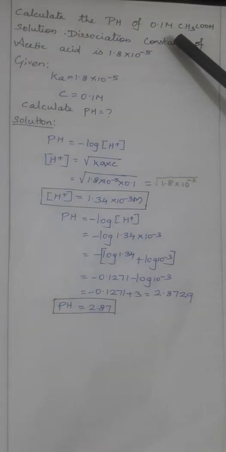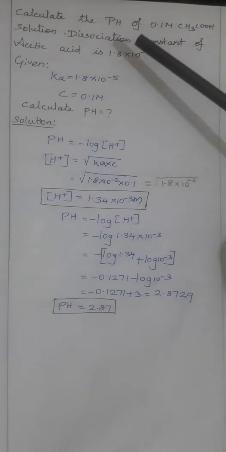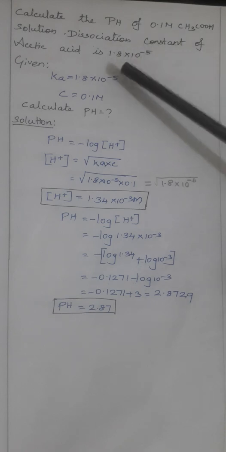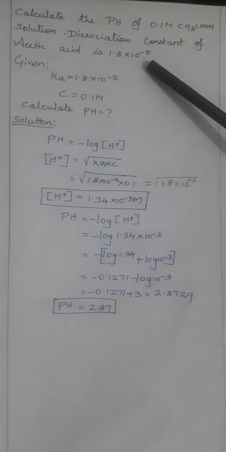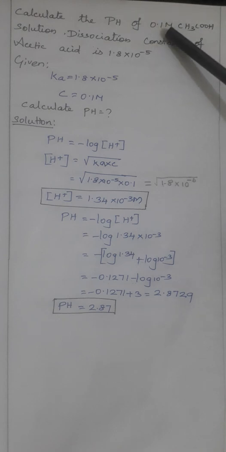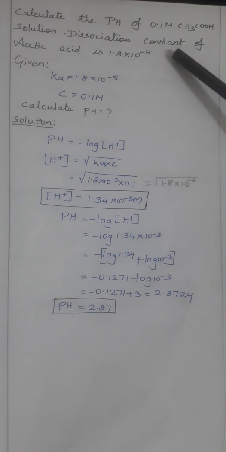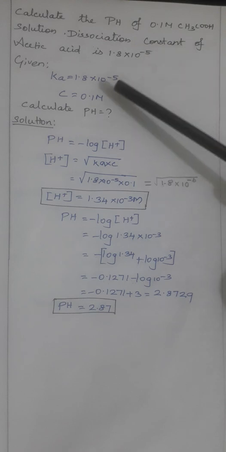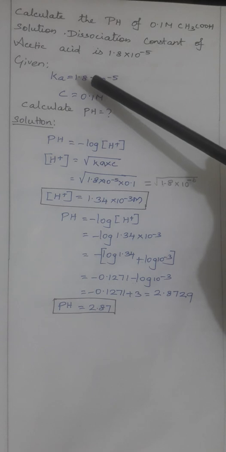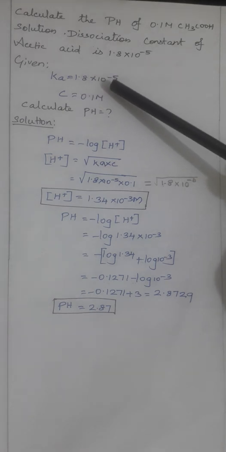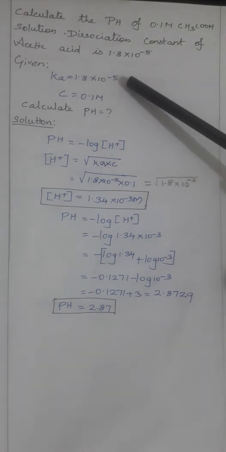Calculate the pH of 0.1 molar acetic acid solution. The dissociation constant of acetic acid is 1.8 into 10 power minus 5. What is the given data? The concentration of acetic acid is 0.1 molar, and the dissociation constant Ka of acetic acid is equal to 1.8 into 10 power minus 5.